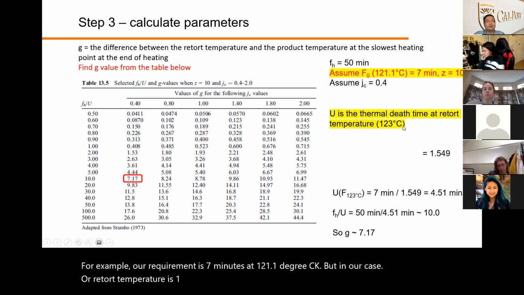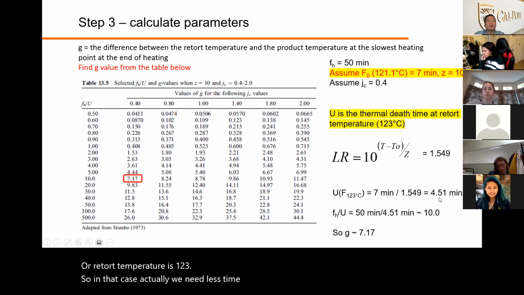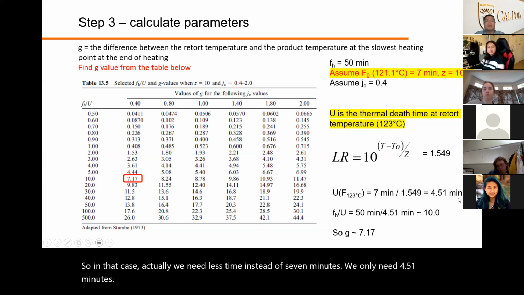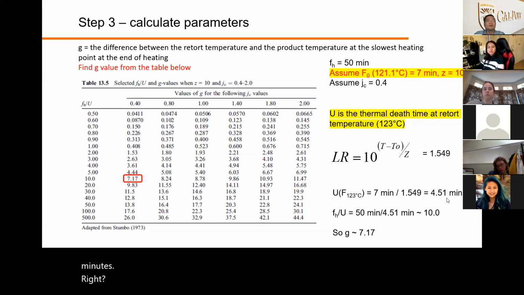So in that case, we need less time. Instead of 7 minutes, we only need 4.51 minutes. So this 4.51 minutes is the U value.